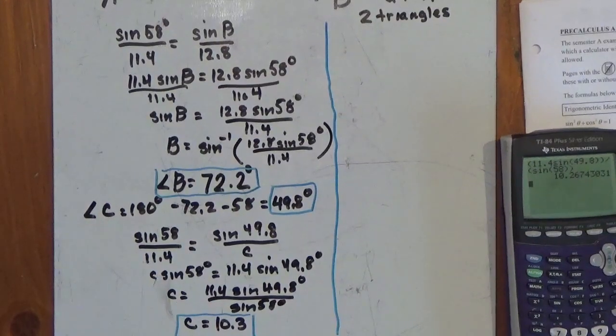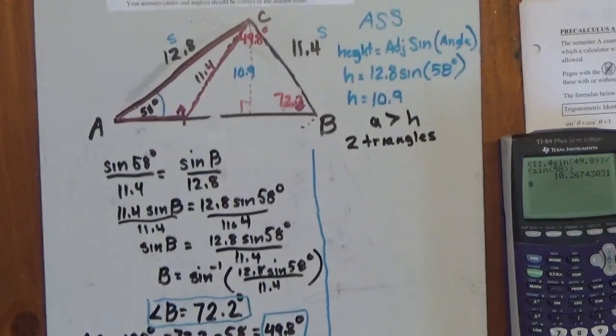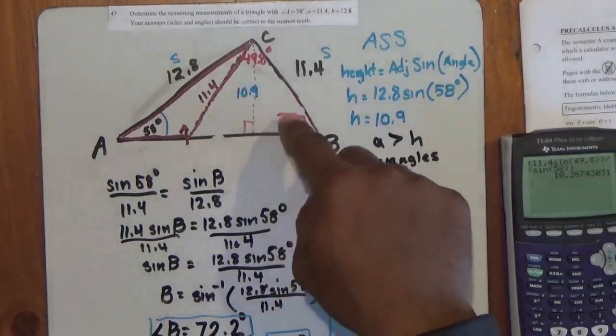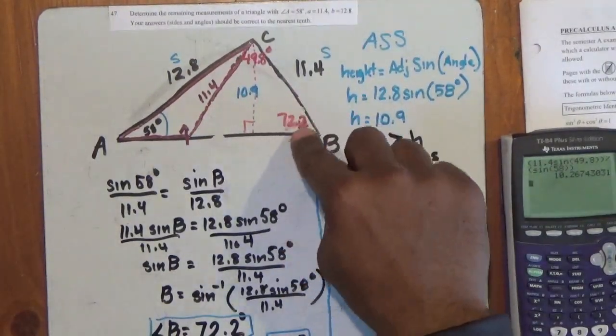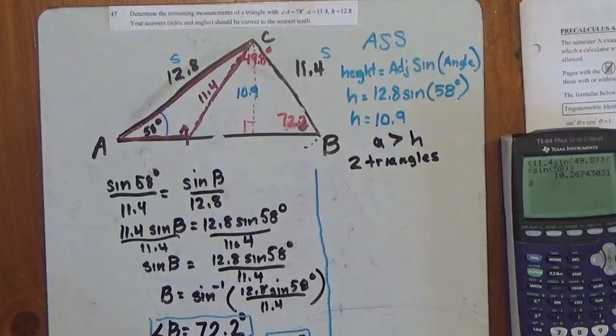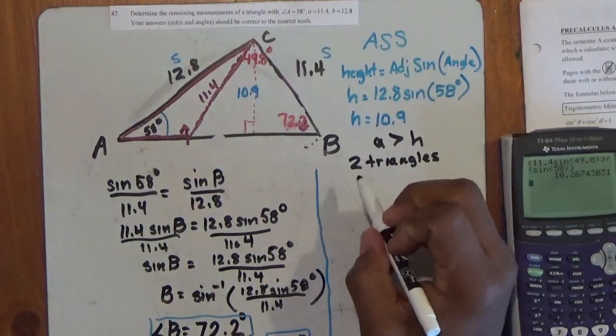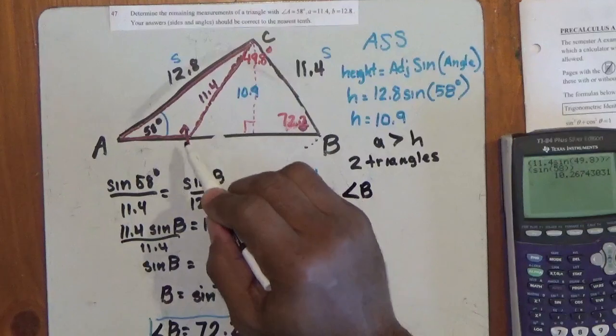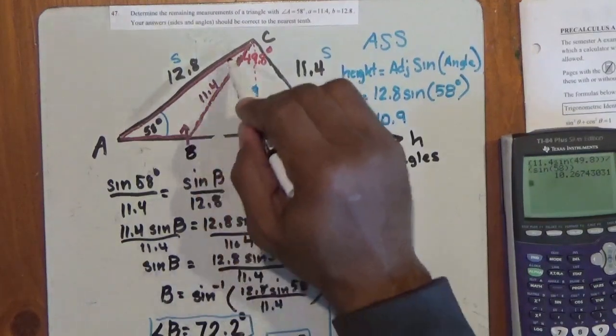But if we go back and look, now we have to look at that obtuse triangle. We call this the acute triangle because this angle we found was an acute angle, but this angle has to be an obtuse angle. So let's start with what we found. Angle B, the second angle B, would be right here, and it would be this triangle.